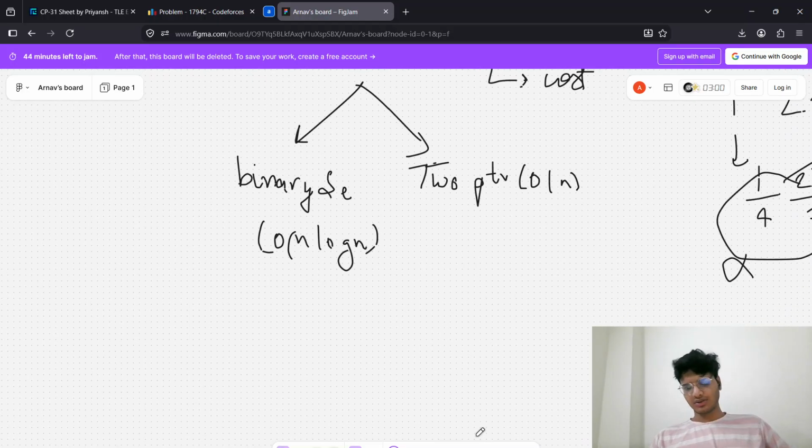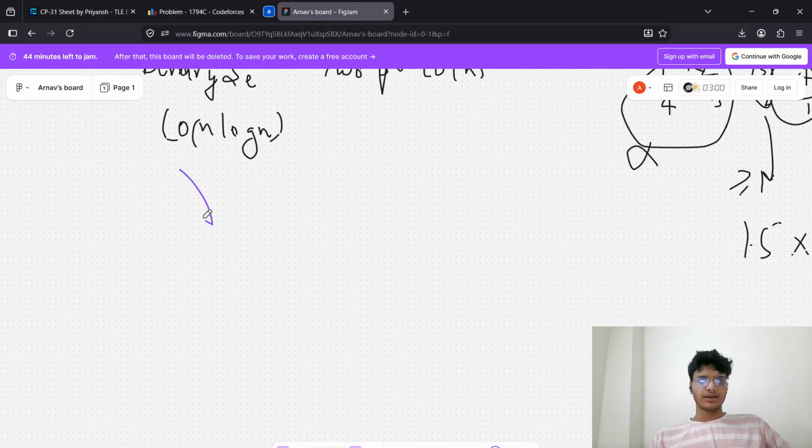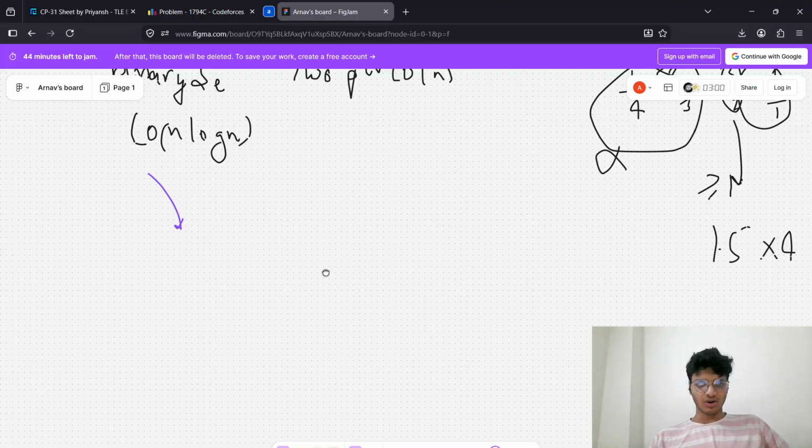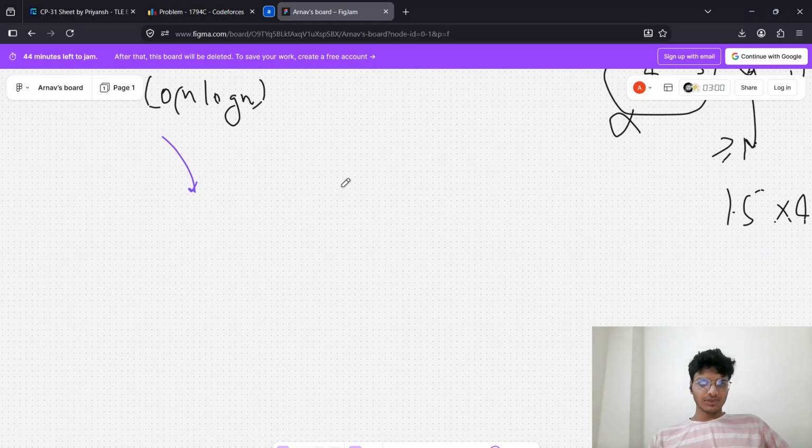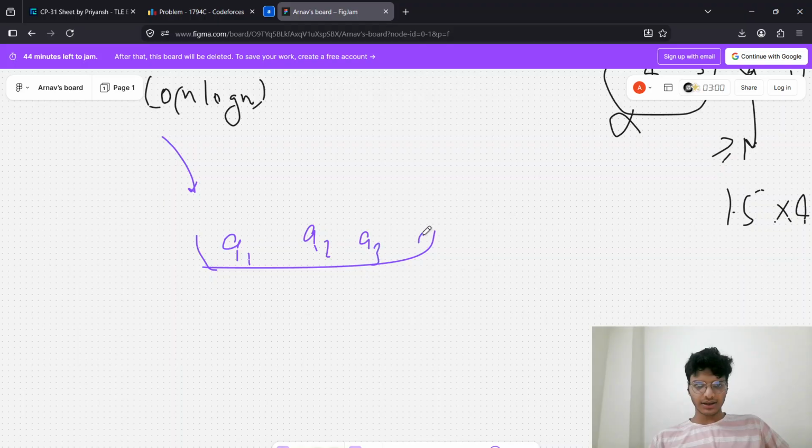So first of all, let's go with binary search. So what is the binary search? How can we approach? Let us suppose up to A4, that is A1, A2, A3, and up to A4, we reach. And then we have it in a sorted increasing order.